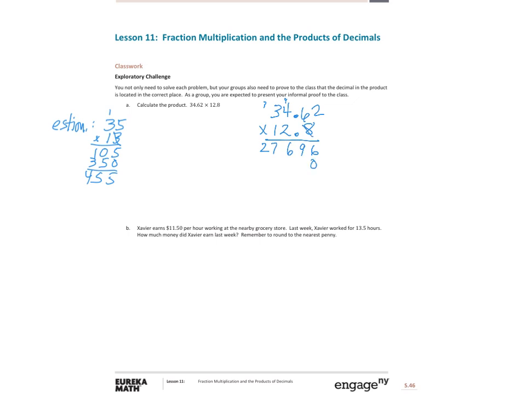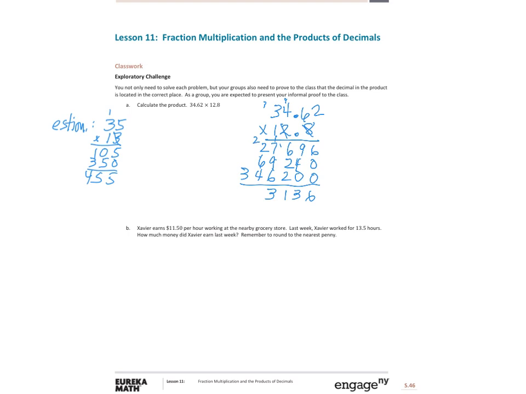So I'm done with my 8, put my placeholder. 2 times 2 is 4, 2 times 6 is 12, there's 9, and there's 6. 2 placeholders down because I'm now over with a 1. 1 times 2, 1 times 6, 1 times 4, 1 times 3, 6, there's 13, 11, 8, 17, 3, 23.